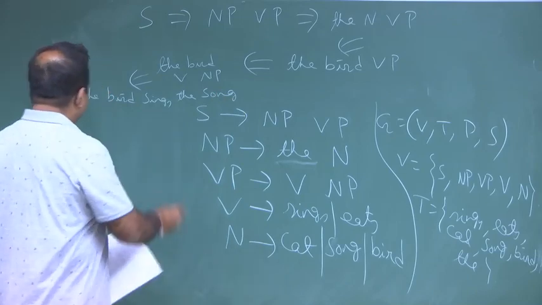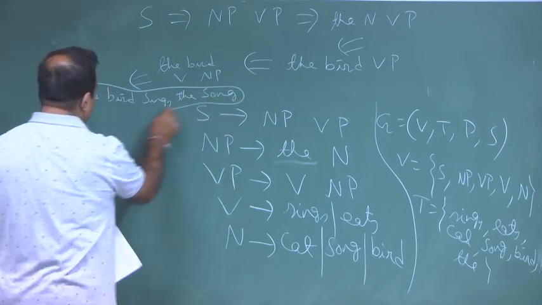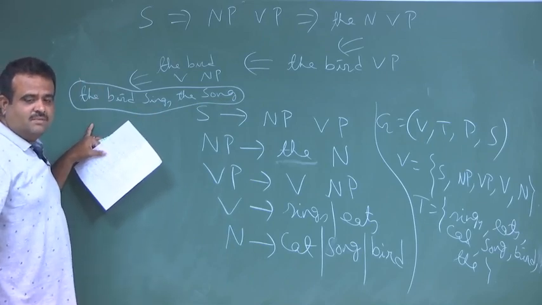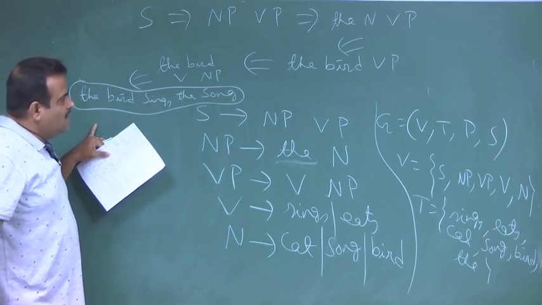Okay. So, this is a sentential form. Sentential means which can derive from alpha.